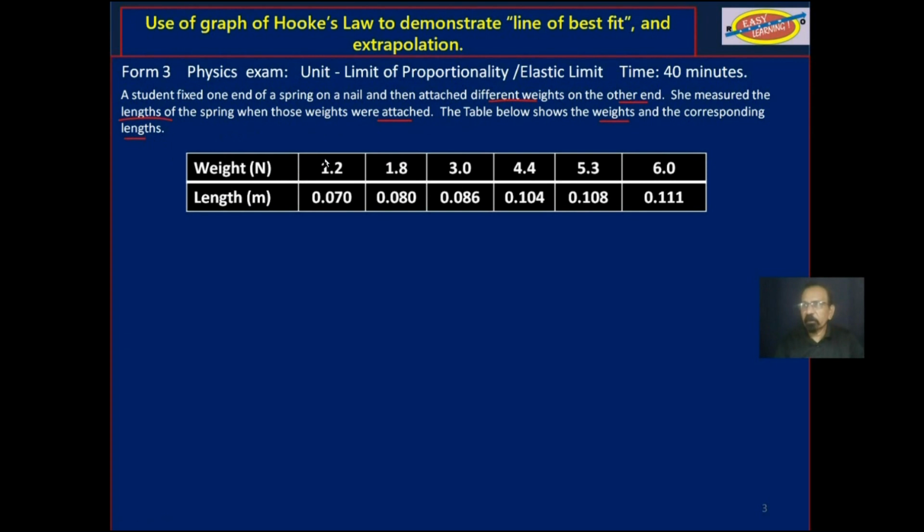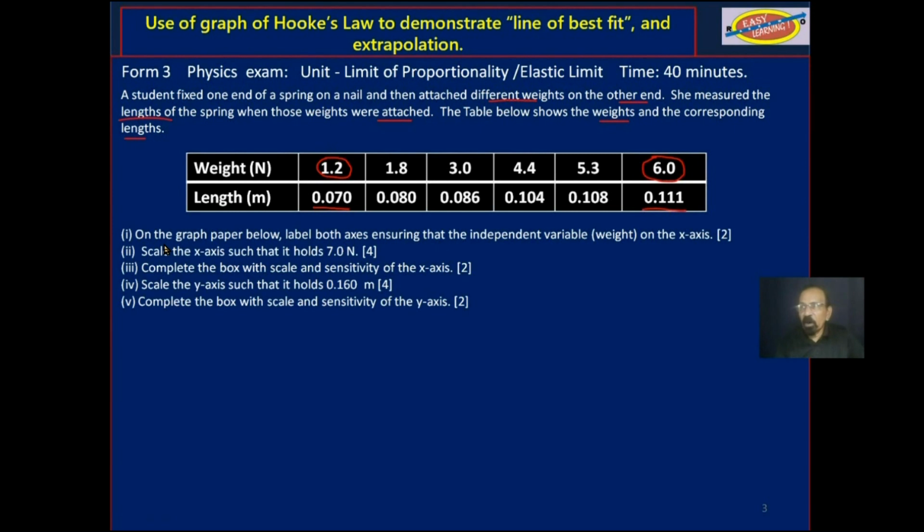And this is the table. A weight of 1.2 newtons and a length of 0.070 meter and so on, 6.0 newtons, 0.111 meter.